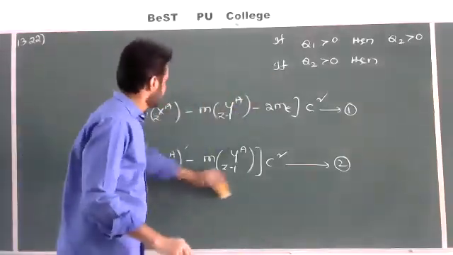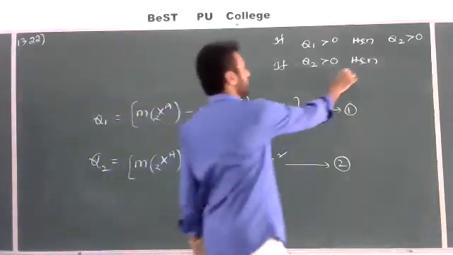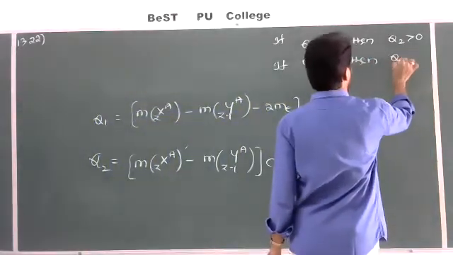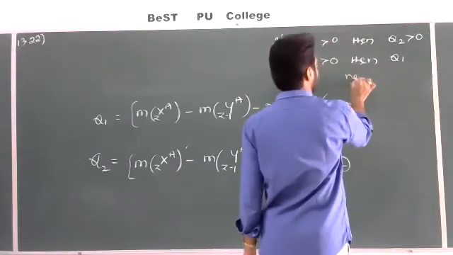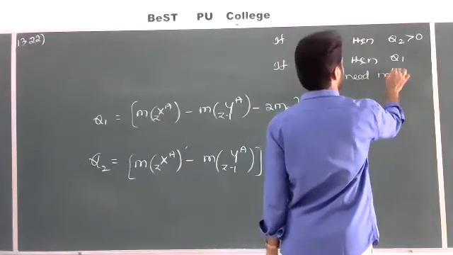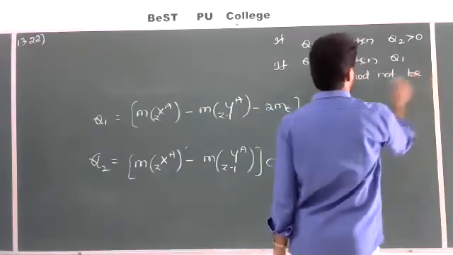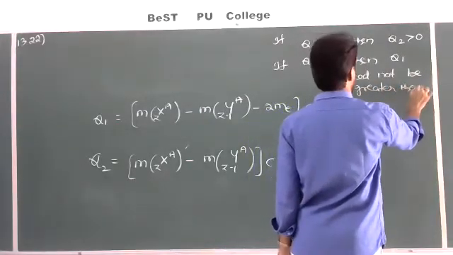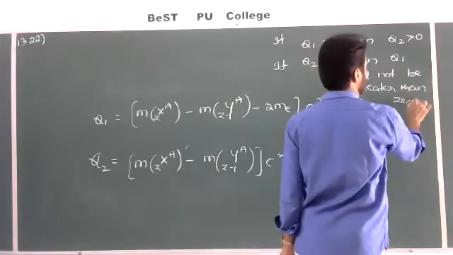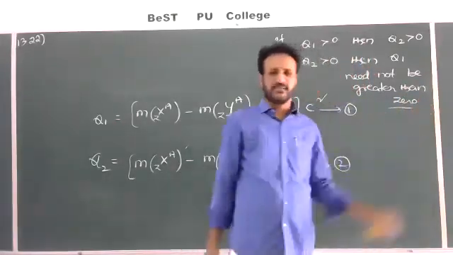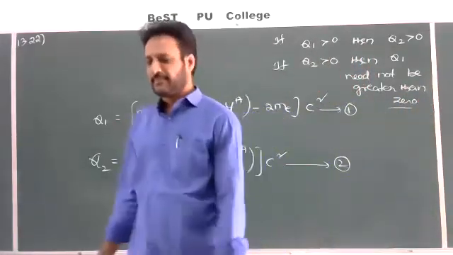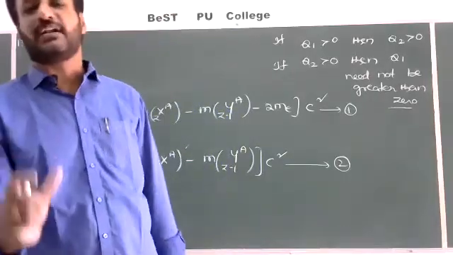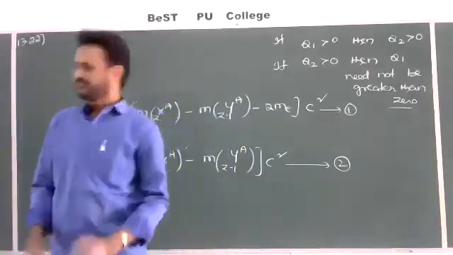Then what should you write? If Q2 is greater than 0, then Q1 need not be greater than 0. Correct? A general statement. So don't write this one. Now write the last conclusion. From equations 1 and 2, write the last conclusion.